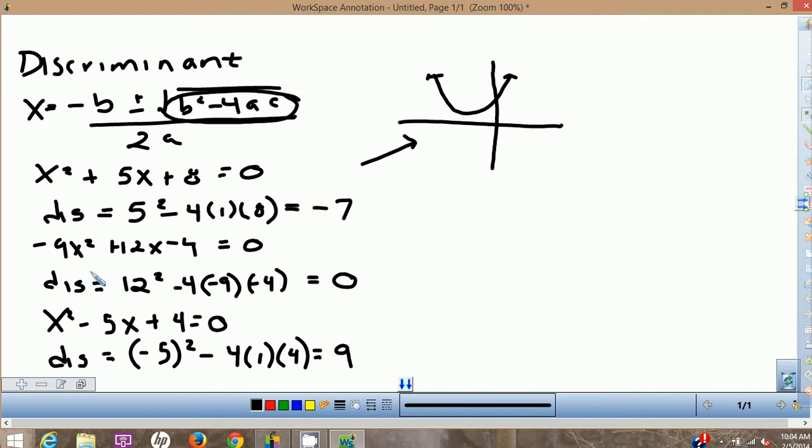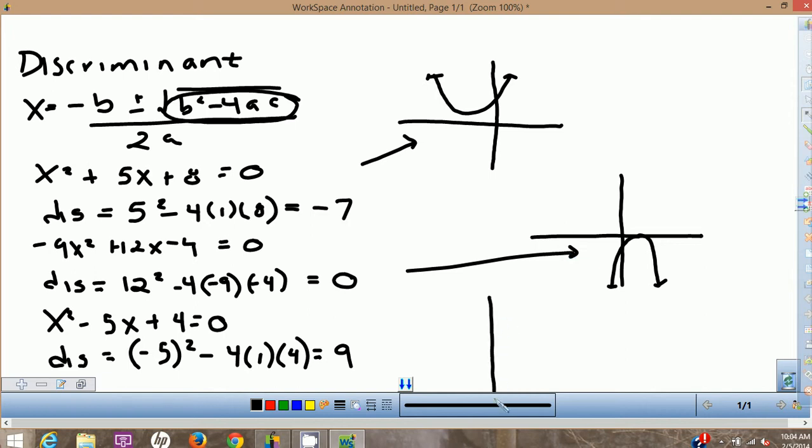If you graph the second one, negative 9x squared plus 12x minus 4 is equal to 0, you get a graph, when you graph it on your calculator, or you find some points and graph it by hand, that looks like this. And if you graph this third one, your graph looks like this.